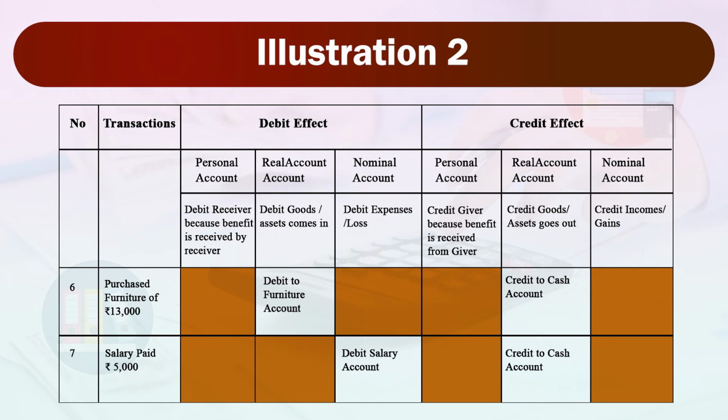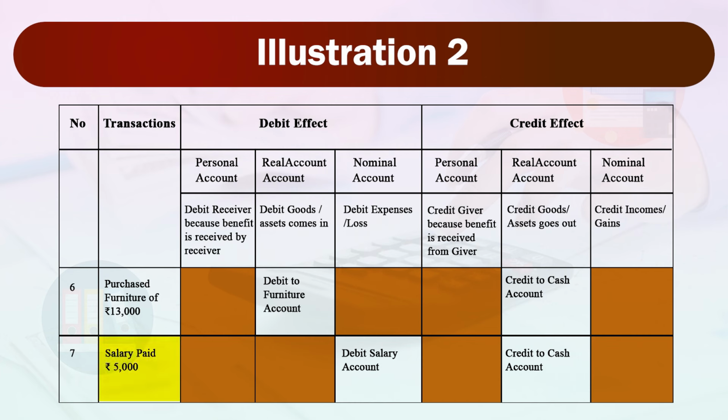So, we will debit the furniture account, and as we have paid cash to purchase the furniture, cash account will be credited, and cash account is treated as real account. So, cash is going out while purchasing. So, cash account will be credited.